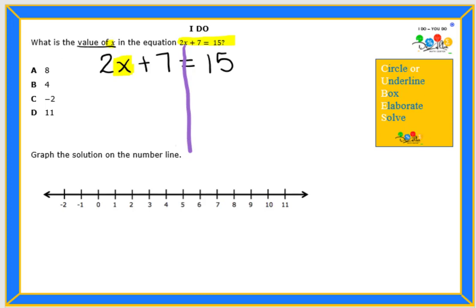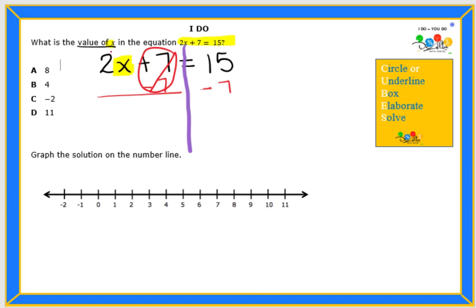So the first thing that I see here is my plus 7. Remember we said we're going to start with the addition or subtraction. In this case, they added 7. We want to do the inverse, which is the opposite of adding, is subtracting. So we're going to subtract 7. But whatever we do to one side, we have to do to the other side. So on this side, positive 7 minus 7 leaves us with 0.